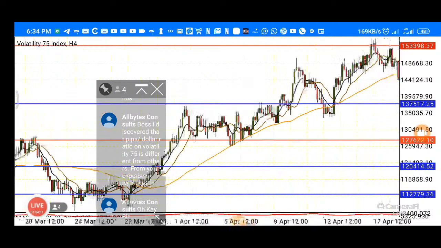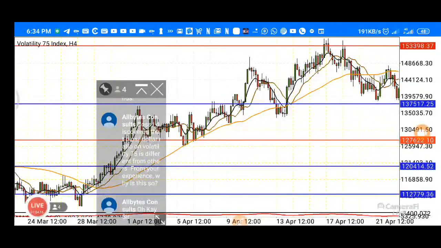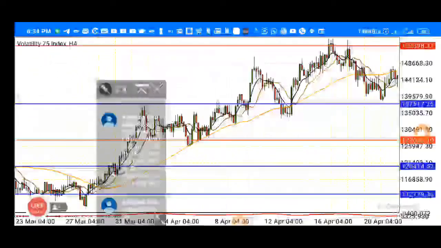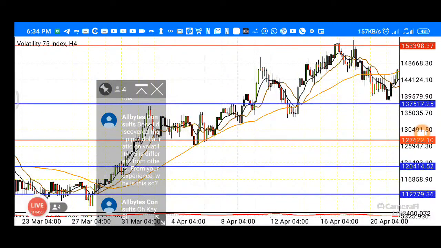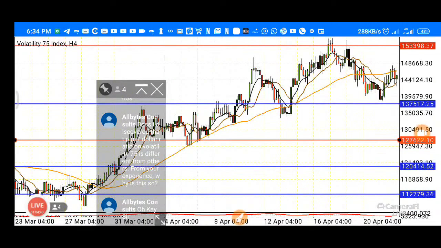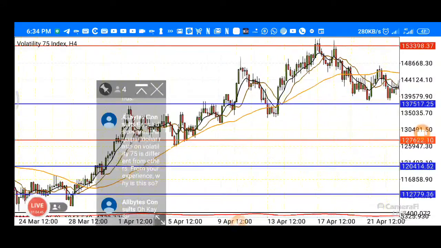Yeah, that reminds me, I still want to teach you support and resistance zones. According to zone, if you used zone, you would have taken this kind of trade. But if you are using levels, you might not have enjoyed this trade because it has not touched your level, so you might be scared that it might still come back to test it. So let's leave that. Let's wait for a test and bounce.